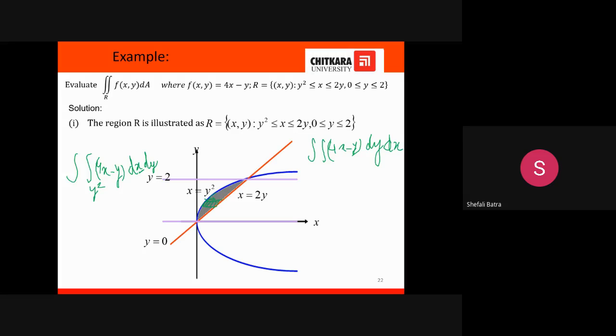And this is your upper limit, and this line is defined by x is equal to 2y, so you will be writing here 2y. Right? Now you need to slide it. So this point was your 0 comma 0, and this point was, I think, 4 comma 2. Now tell me, what are the limits of y?